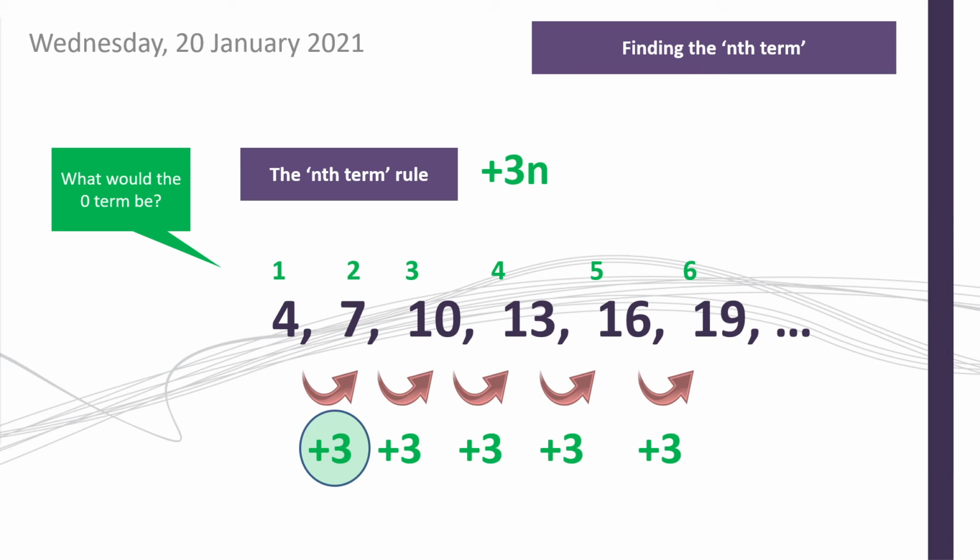Therefore, in order to find the 0th term, we subtract 3 from the first term. 4 minus 3 equals 1, which means that the 0th term is 1. Therefore, the nth term rule for this sequence is 3n plus 1.